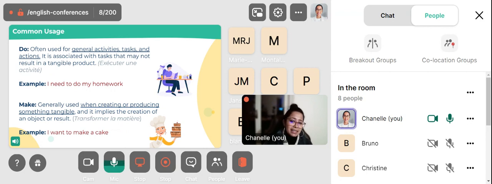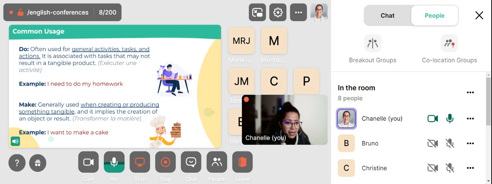So let's look at do. Do is often used for general activities, tasks, and actions. Okay? It is associated with tasks that may not result in a tangible product. So what does that mean? If you think about it en français, c'est le verbe fabriquer.